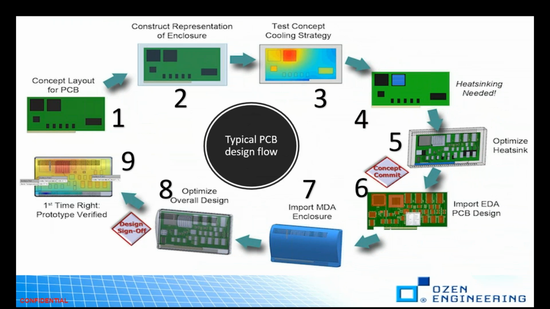Now let's take a look at a typical PCB design flow. From step one, we start with a concept layout for the PCB. Then we start to design the PCB from an electrical engineering perspective and a mechanical engineering perspective. If we were to make a product, in this case, we're looking at an air conditioning product.